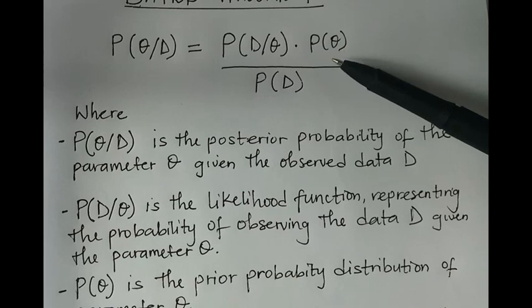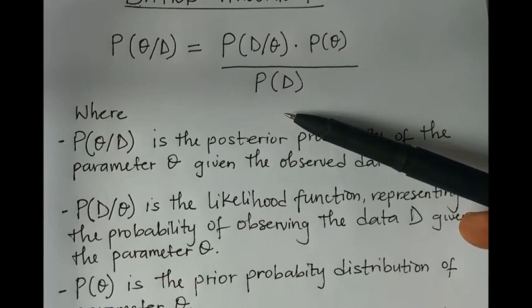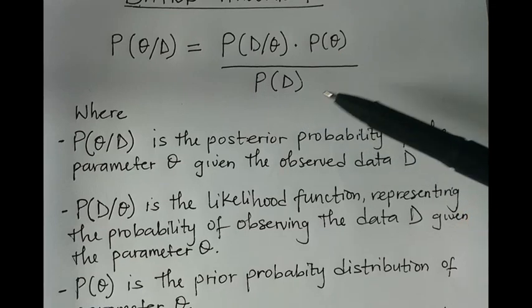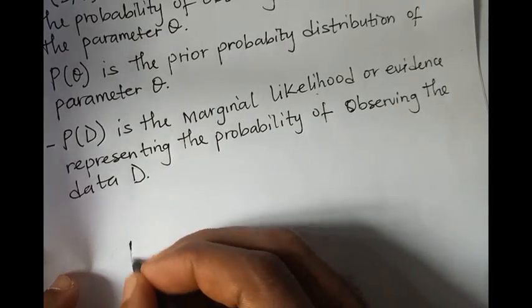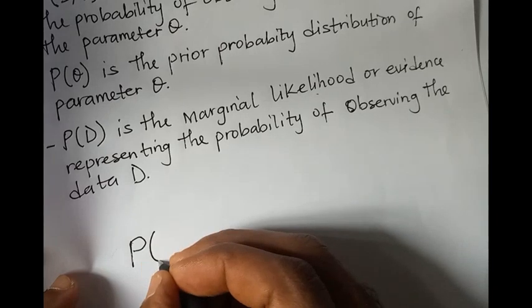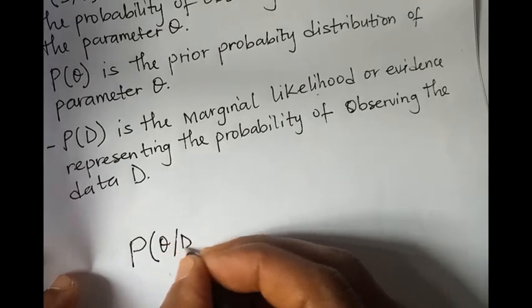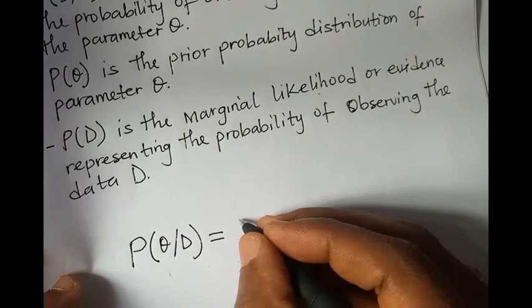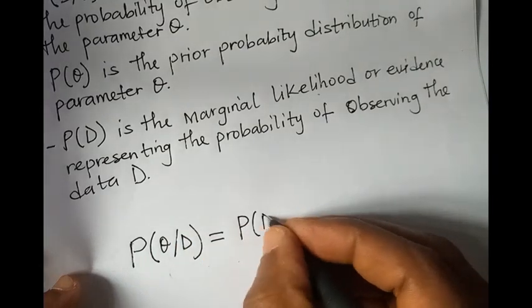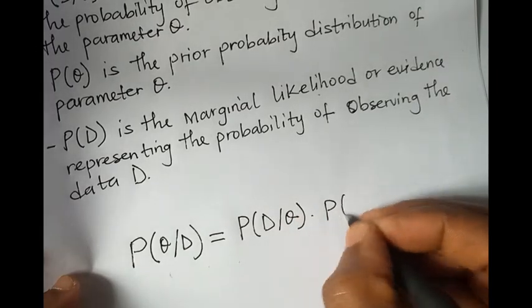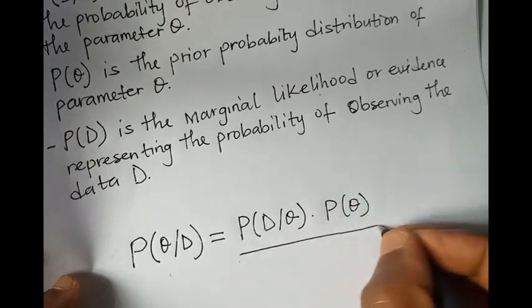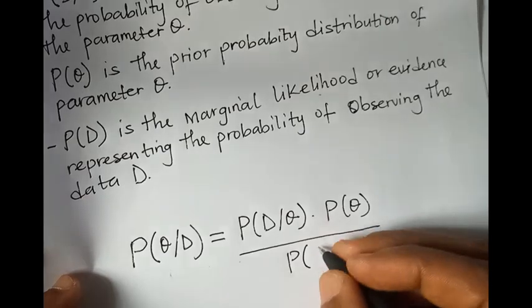And this is the marginal likelihood. So it means that if we have this, like what Bayes said, the probability of theta given D is equal to the probability of the distribution and the prior probability all over the marginal probability.